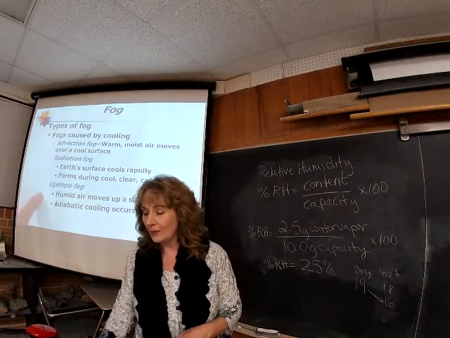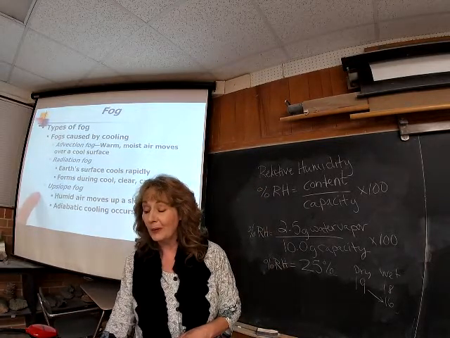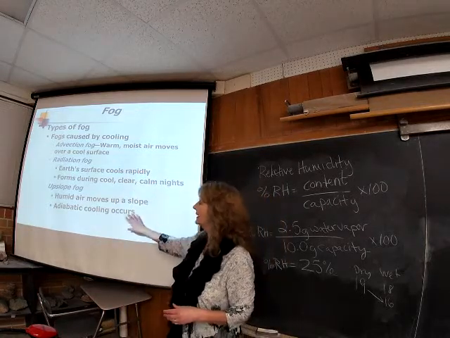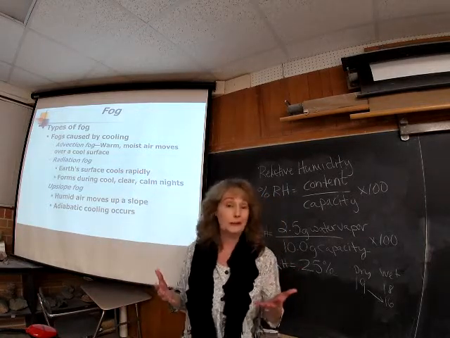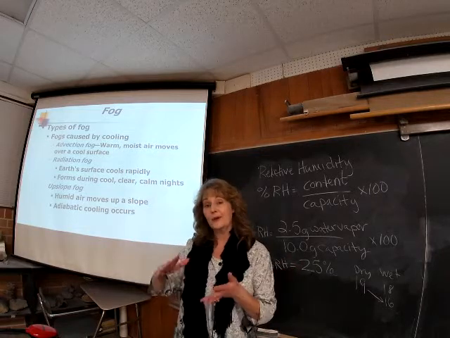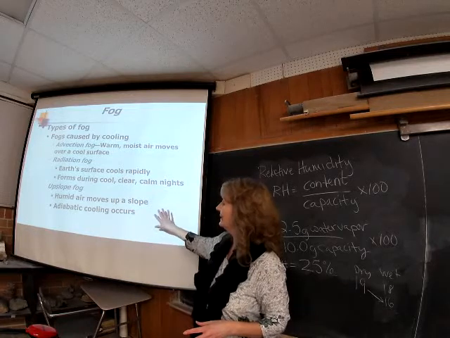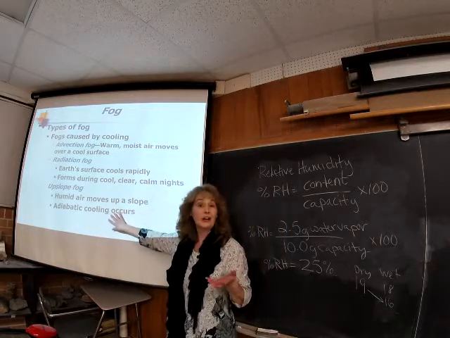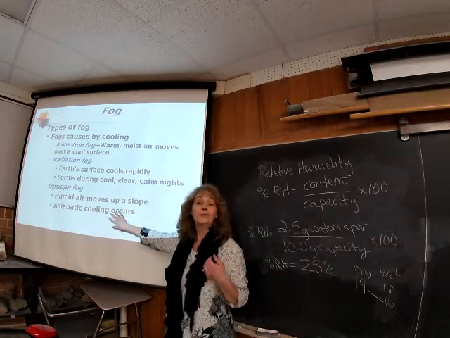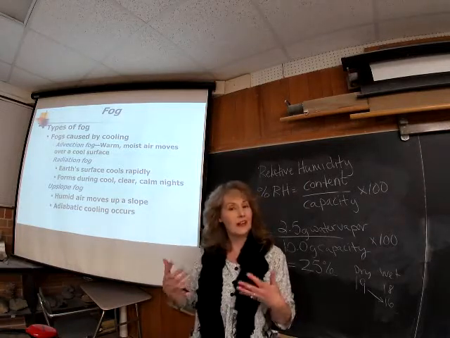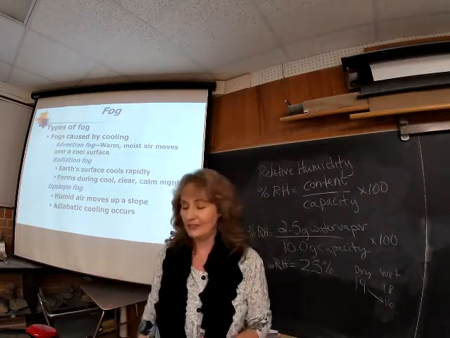Another cooling way we can get fog is upslope fog. So humid air moving upslope, this is an adiabatic cooling process. You're going upslope, you're going to get the expansional cooling, and then you can get the condensation happening at low levels. So upslope, but still at a point where it's going to impede our visibility.